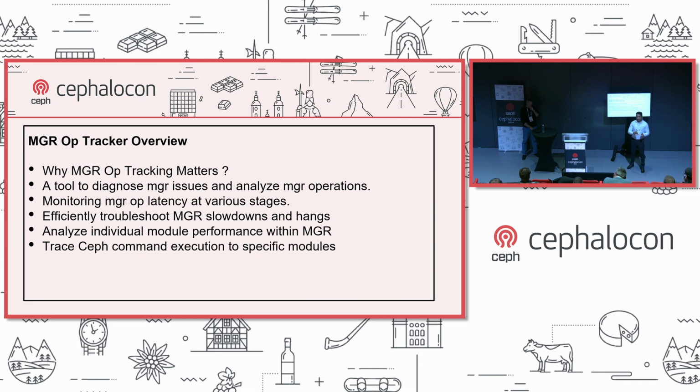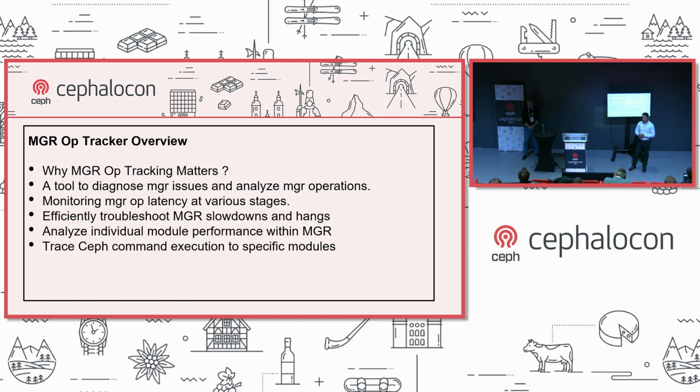When you run the command, it first goes to the messenger layer, then at the manager level the manager reads that command, and then hands it over to the module if it's being handled by the module, or handles it at the core level if it's being handled by the core MGR. So it's really efficient to troubleshoot any slowdown or hangs, even simple issues.